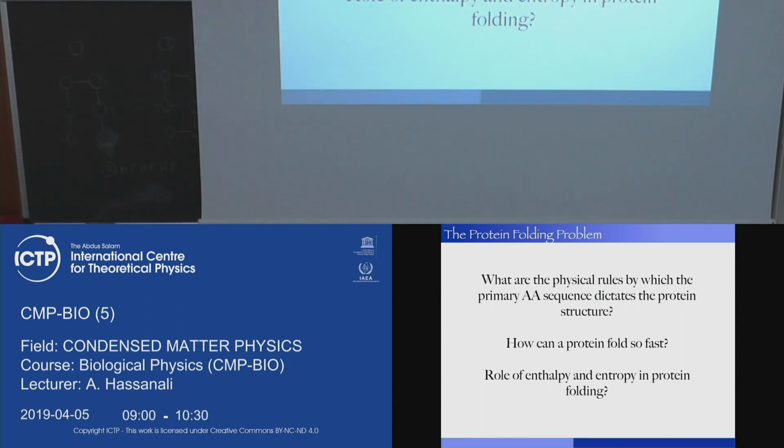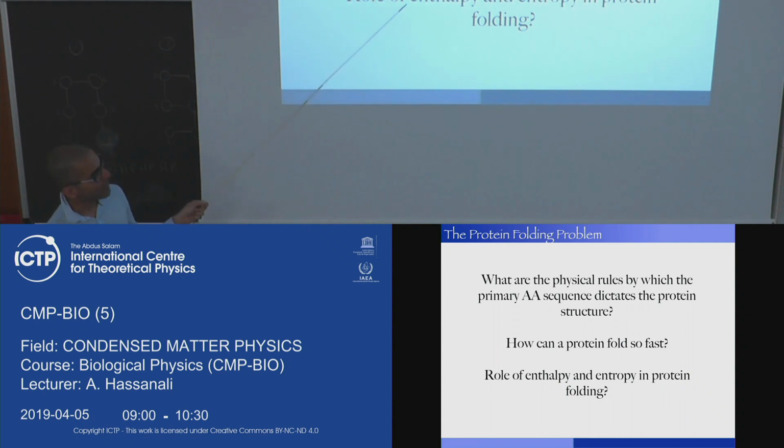That's the first question. How do I understand why the protein folds so fast? Remember, we discussed the time scales of protein folding are between microseconds to milliseconds. So it's clearly not happening randomly.